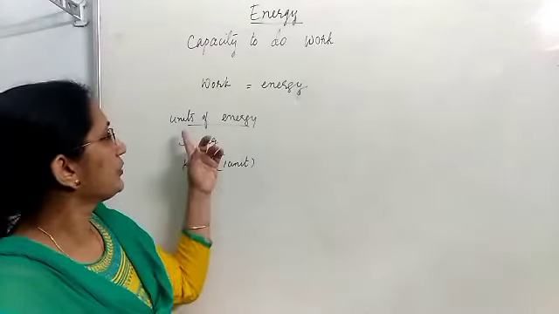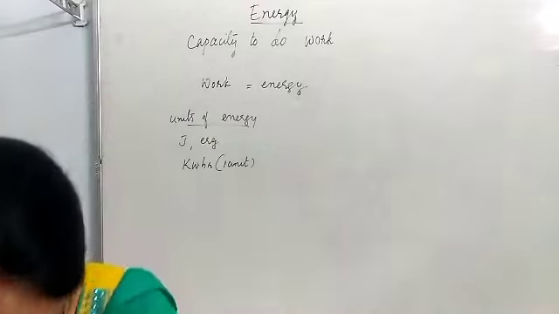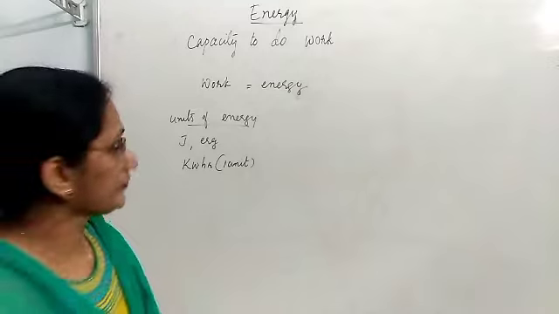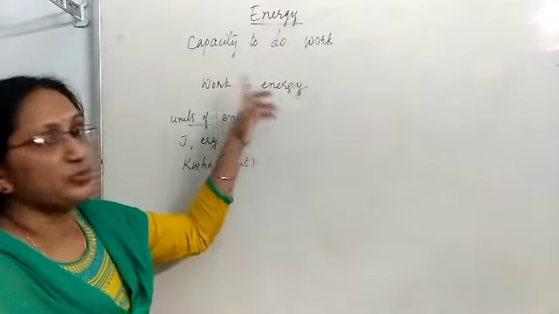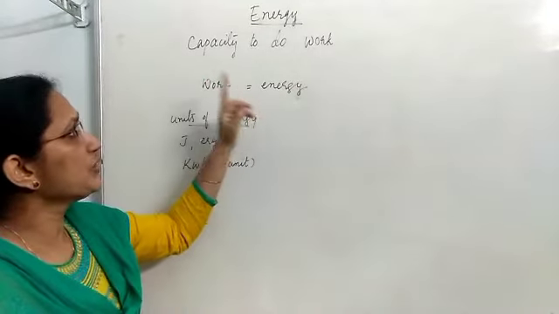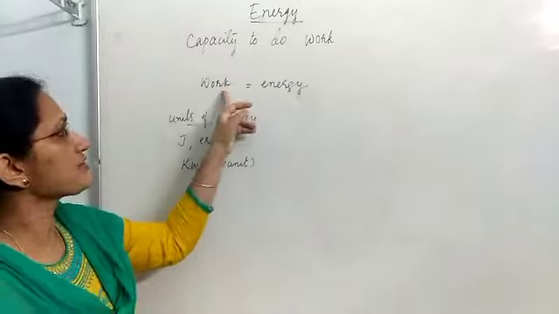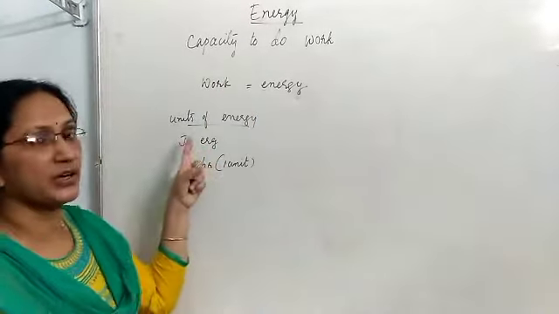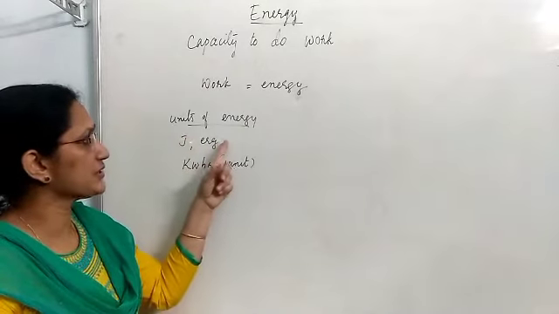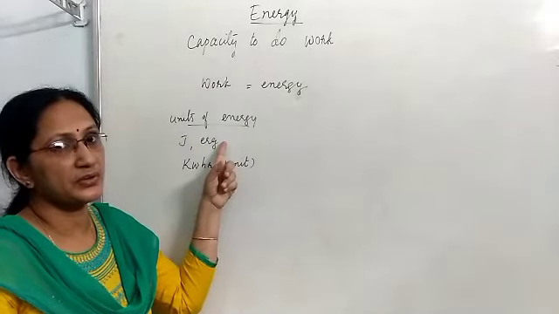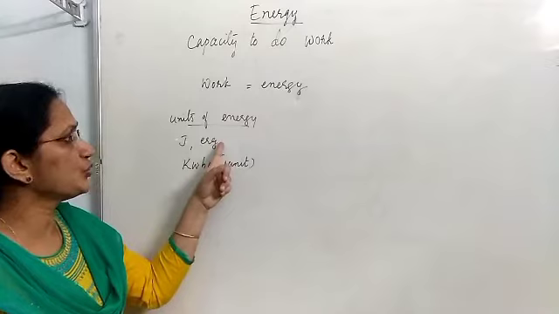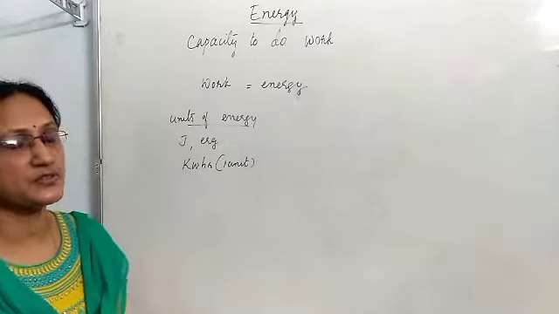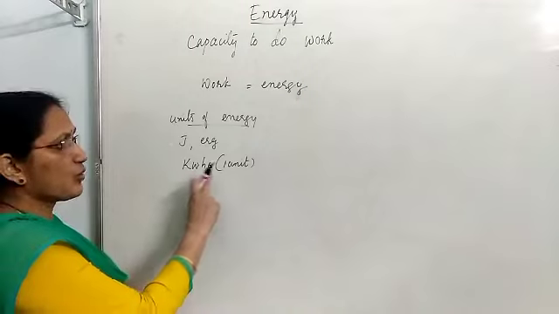Then about units of energy. Energy and work are the same, so units of energy are the same as the units of work. We have discussed units of work. Joule is the SI unit, erg is the CGS unit. Other than joule and erg, there are some more special units of energy like kilowatt hour.